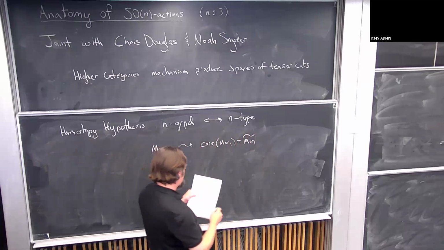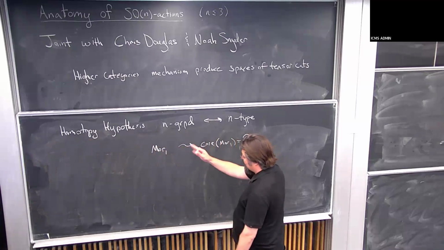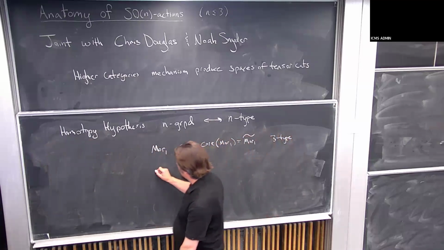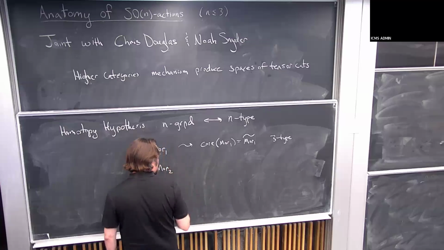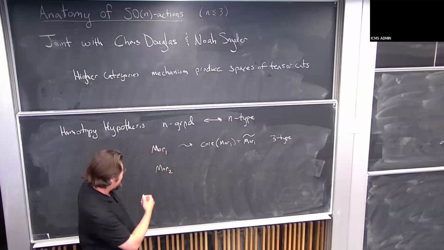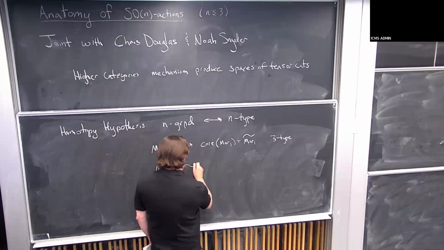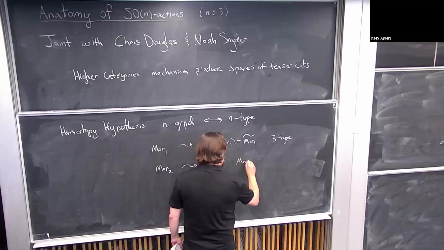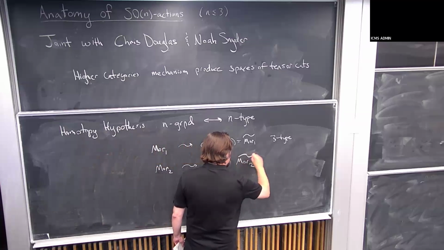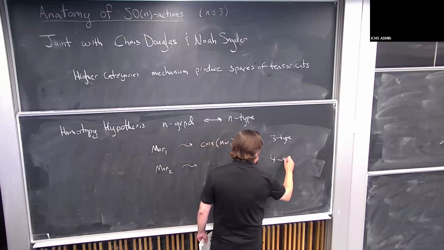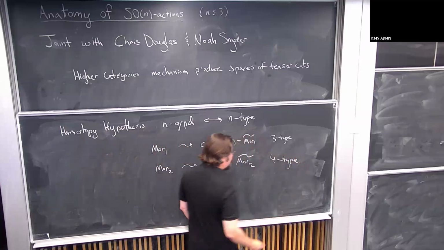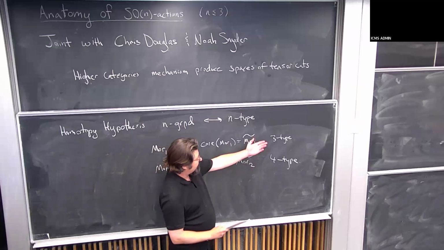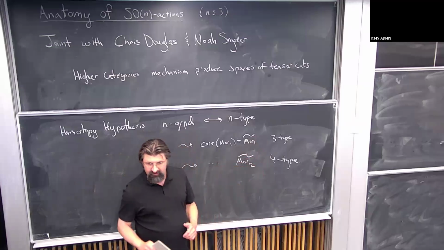In this case, this was a 3-category, so you get a 3-type. There are also higher Morita categories: braided monoidal categories, and monoidal categories, which are modules for the braided ones, and you can do the same thing and get a 4-type. And so you could study the topology of these 4-types and 3-types.